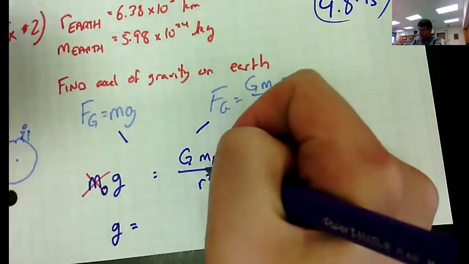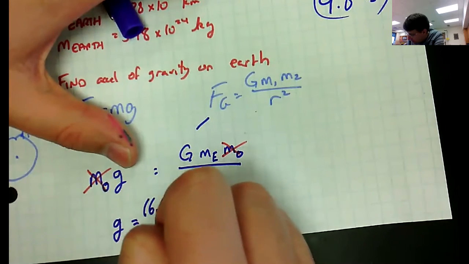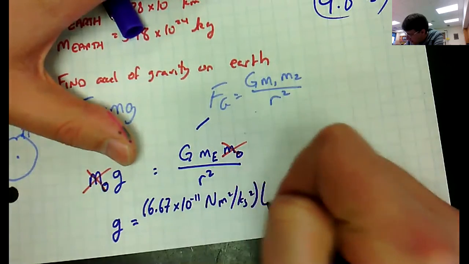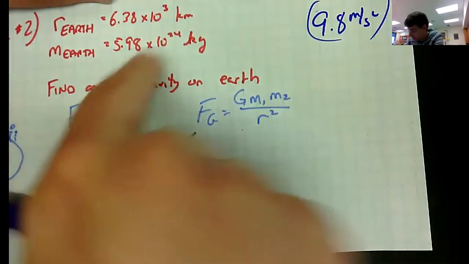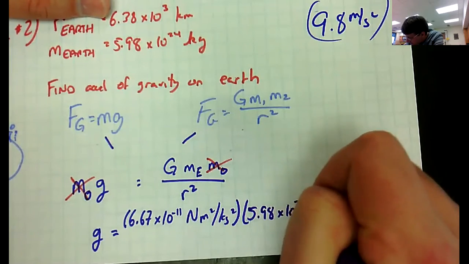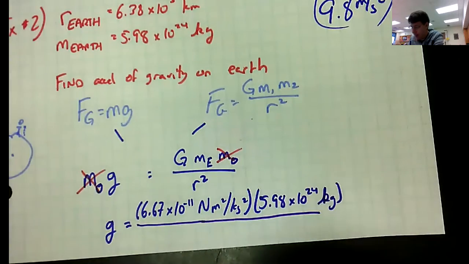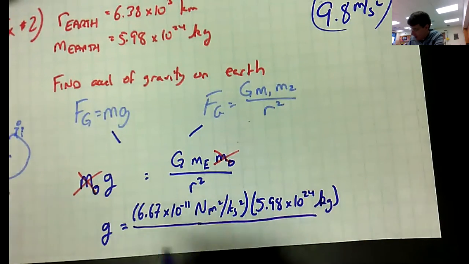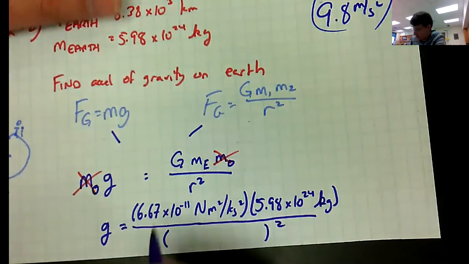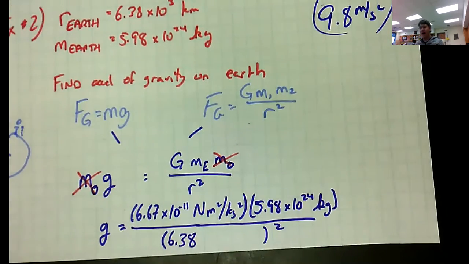So g equals big G, which is always that same number, times the mass of the Earth, 5.98 times 10 to the 24th kilograms. Now, we've got to be careful with the radius of the Earth, which is 6.38 times 10 to the third kilometers.